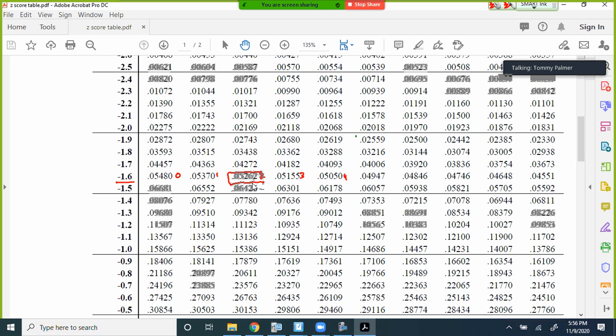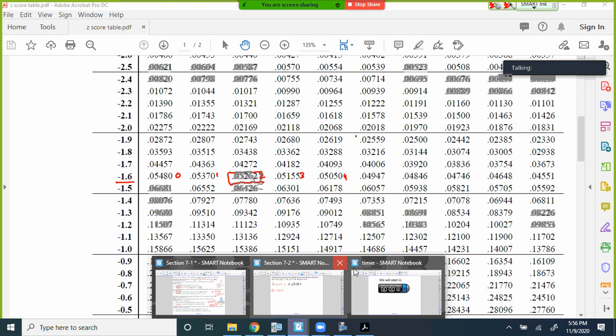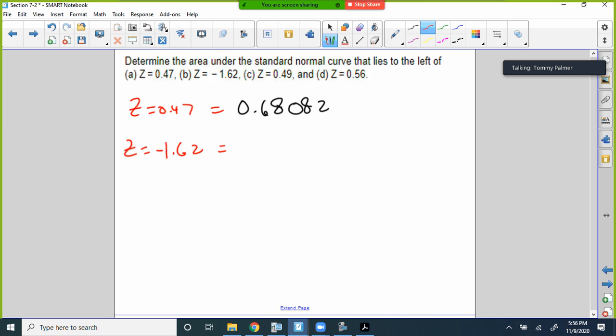Do y'all agree? Because you can't see my 0.00, 0.01. You have to know that 0, 1, 2, 3, 4, 5, and it's the hundredths place. So this is going to equate to 0.05262.